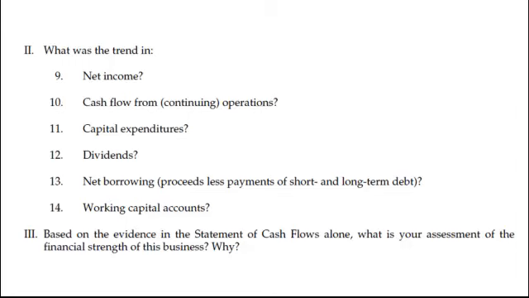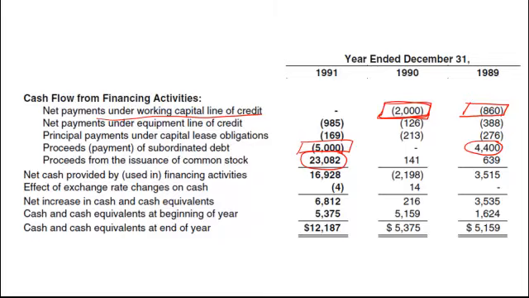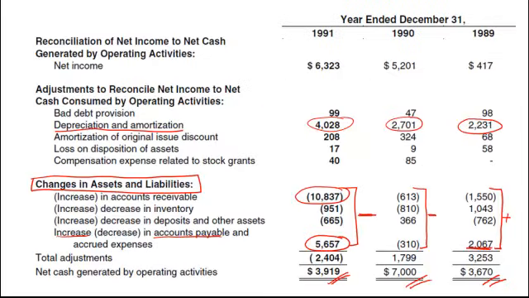We're moving to the second part, where we need to look at the trend in the different items. The first trend is the trend in net income. We'll find net income under the reconciliation, and I really like the trend.